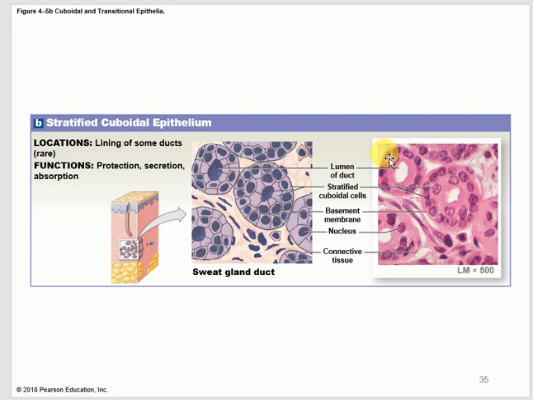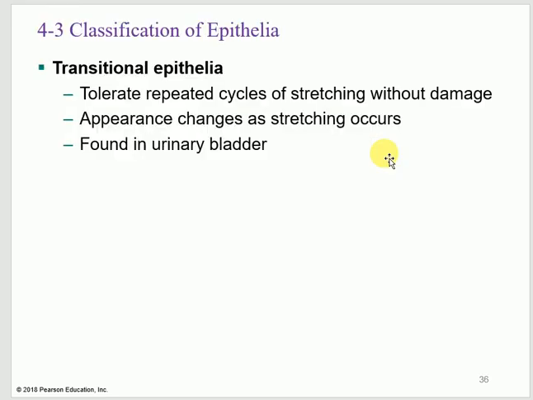A gland is like this, a group of cells, and there is a duct coming out of it. If that's the case, this gland is called an exocrine gland. A group of cells producing something, leaving through the duct. Exocrine. No duct, it makes secretions that just fall in between the cells. We call it endocrine. So what is lining the ducts? Stratified cuboidal epithelium.